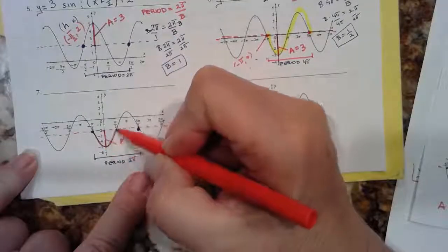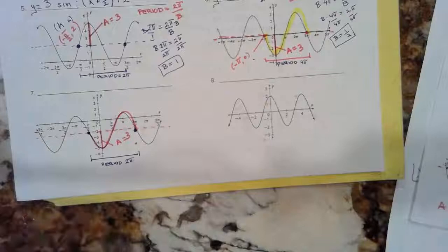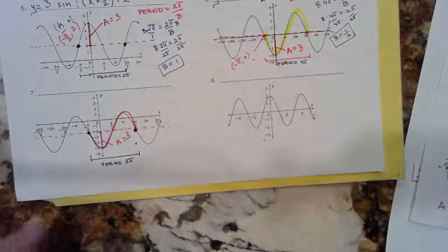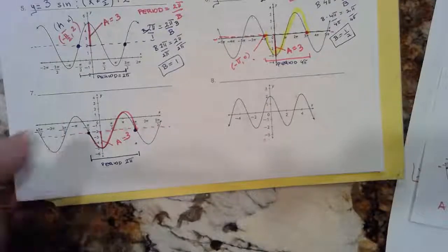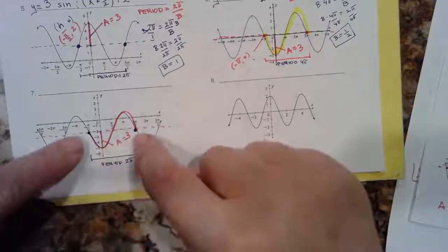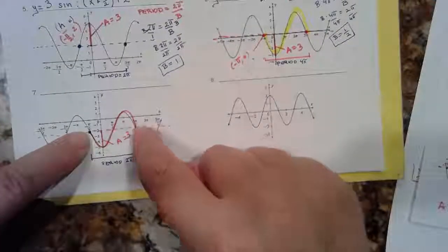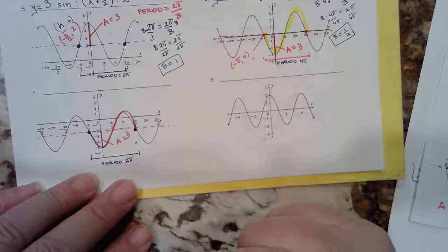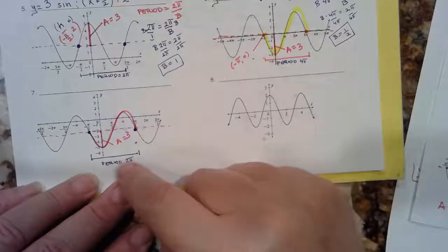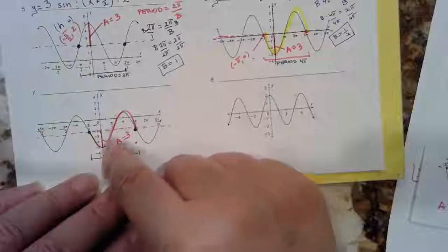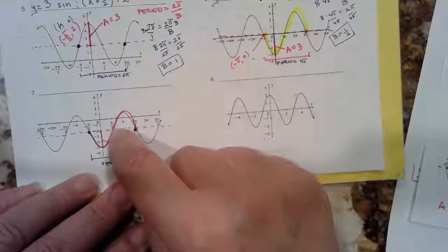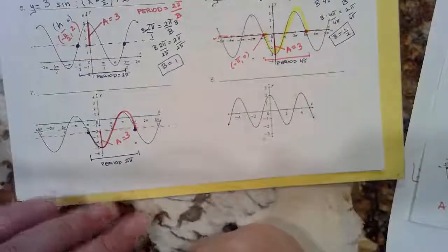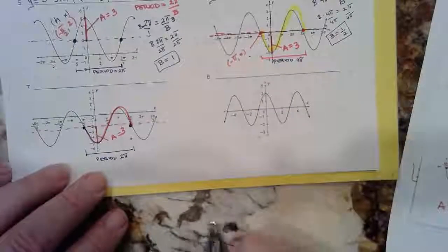Hopefully you see that I started, and I'm kind of going this way. You will get the same answer if you start elsewhere, but you have to know that your reference point is always on the midline. In this case I chose to start here, so it's negative. I could have chosen here and then it would be positive. So it repeats, so it's absolutely okay.